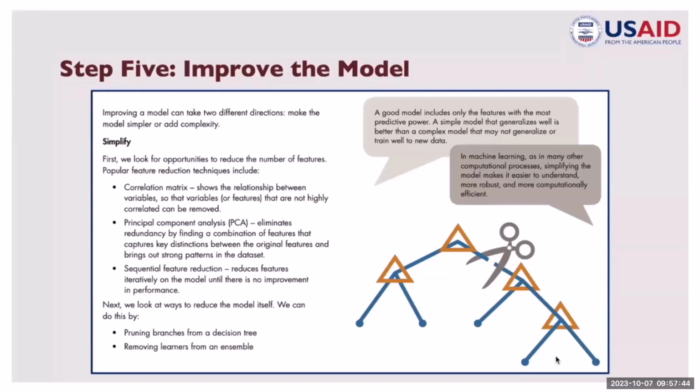These are just some of the possible feature reduction techniques that we can use, but if we want to further advance our model and make sure that it achieves optimal performance based on accuracy, then we might want to further perform the following: pruning branches from a decision tree if we are to use a decision tree algorithm, or removing learners from an ensemble method.